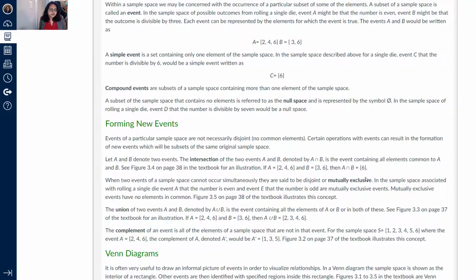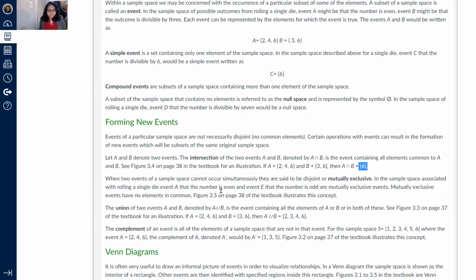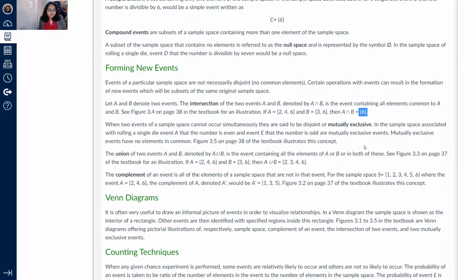Whenever you talk about the elements in an event, you should add them using curly brackets. Before the equal sign we have the events, and after the equal sign, the elements in that event, we add them using curly brackets.